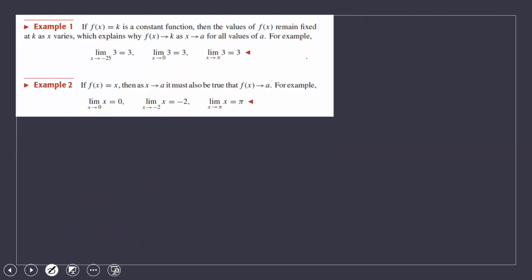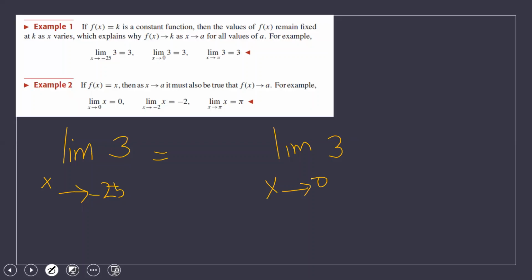Now, let's have an example. If I ask you to find the limit of 3 when x approaches -25, or the limit of 3 when x approaches 0, or the limit of 3 when x approaches infinity.